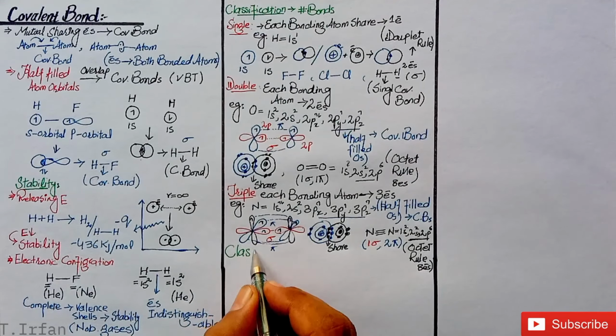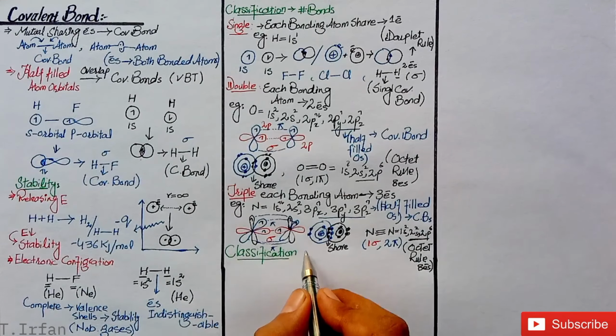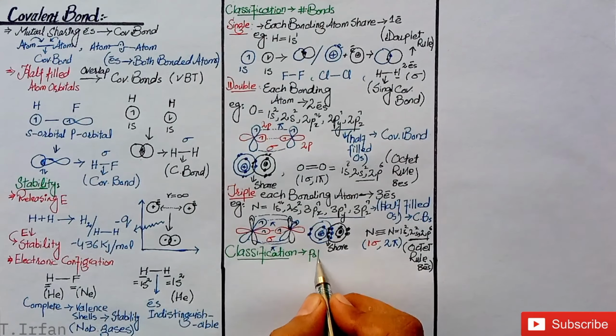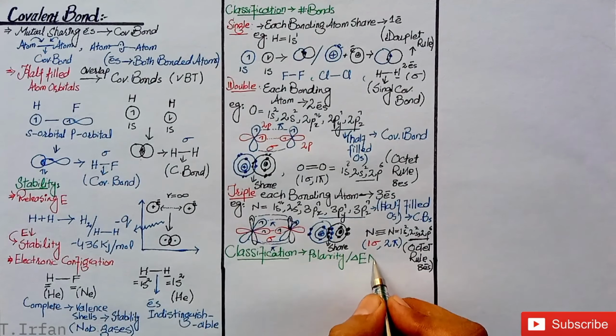We can also classify covalent bonds into non-polar covalent bonds and polar covalent bonds on the basis of polarity, or the difference of electronegativity of atoms.